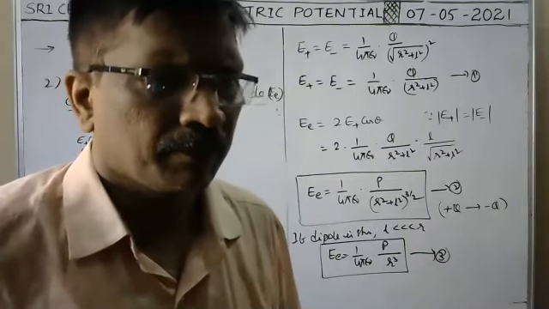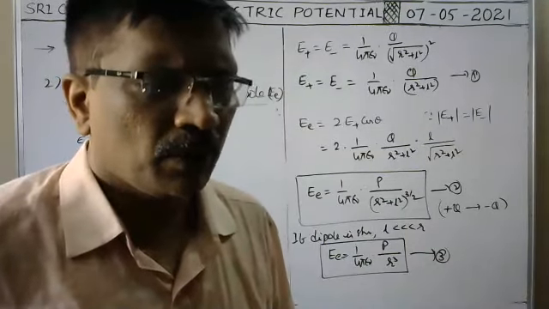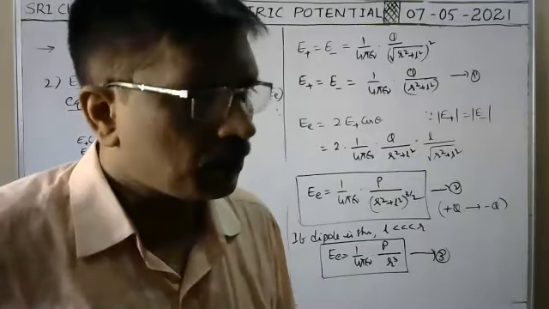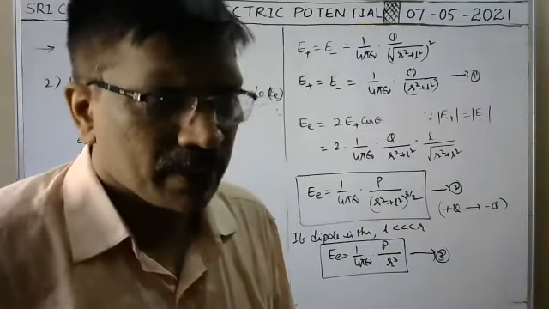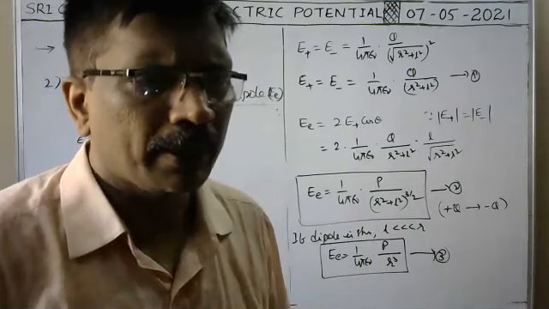The length of the dipole into one of the two charges, one of the charges is Q, is equal to the electric dipole moment P.